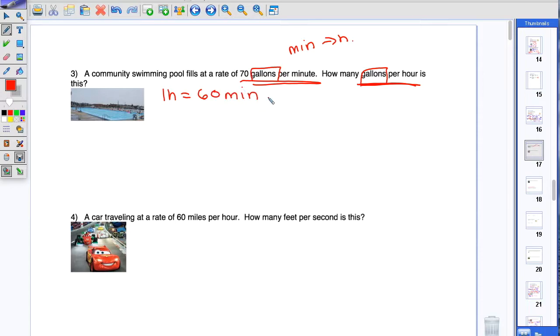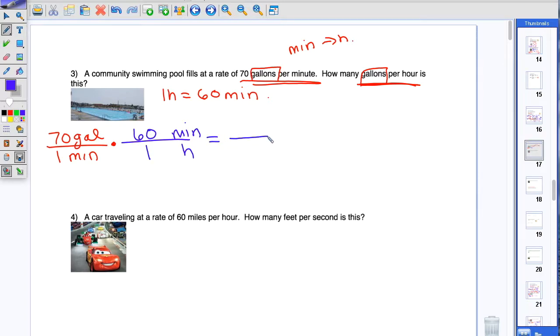So start by writing your original, 70 gallons, and we can use abbreviations, over 1 minute. And we want to multiply by the conversion factor, and we want to cancel out your minutes, so that's going to go in your numerator, and hours is going to go in your denominator. So 60 minutes is equal to 1 hour.